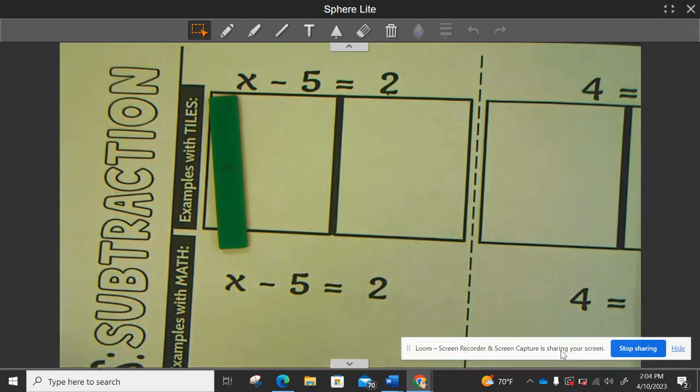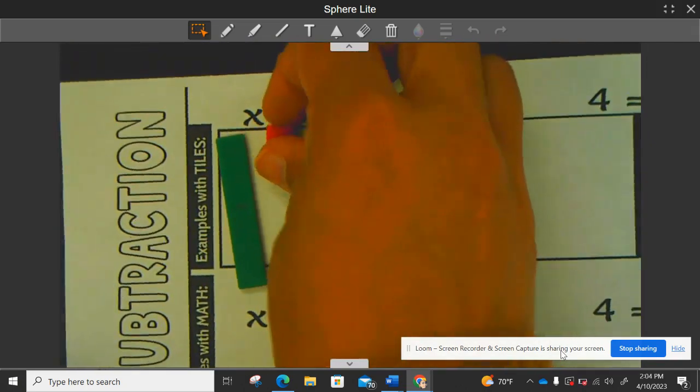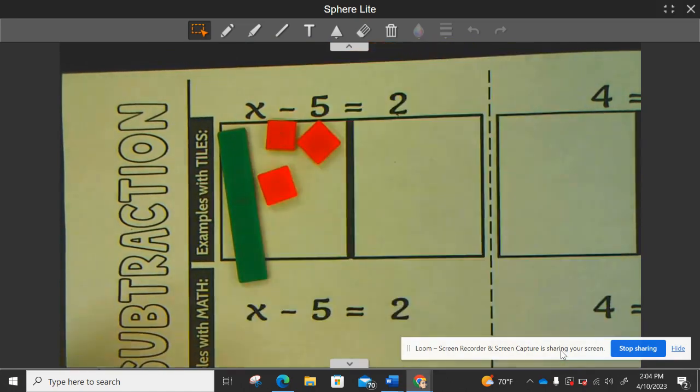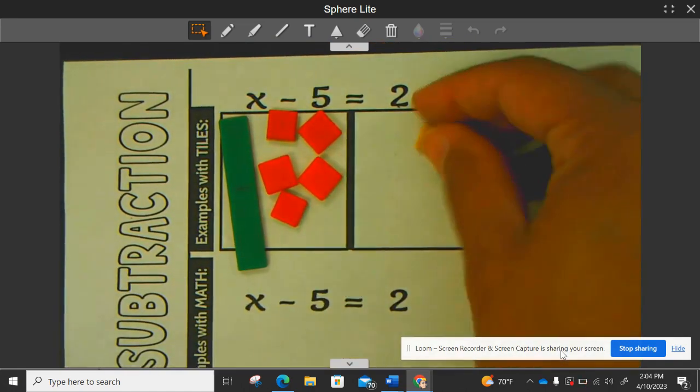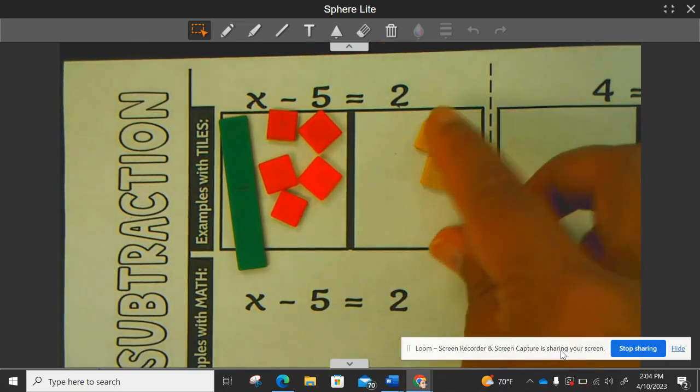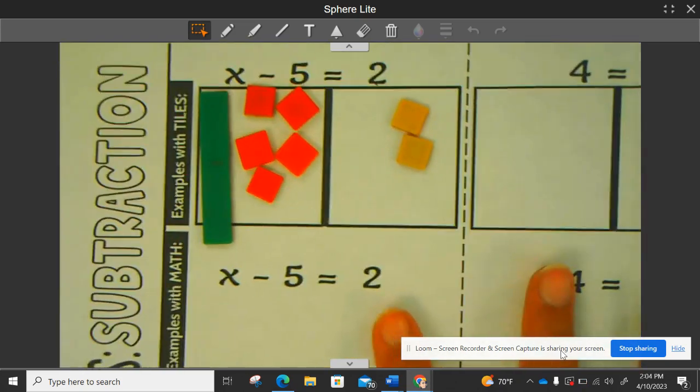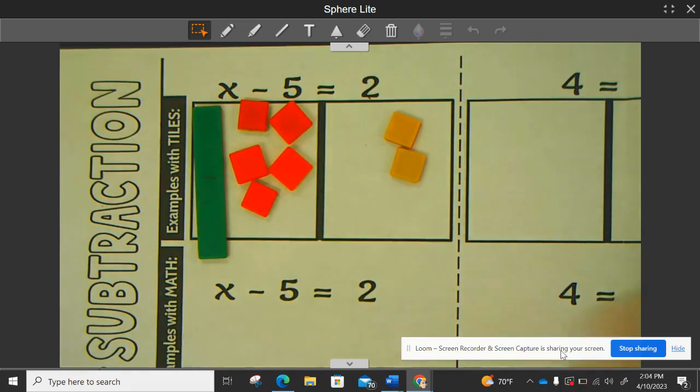Okay, so 7 minus 5, so these are all subtraction problems. And then on the other side of the equals, 2. All right, so my answer is 7. I need to figure out a way to isolate the variable to get the answer 7.